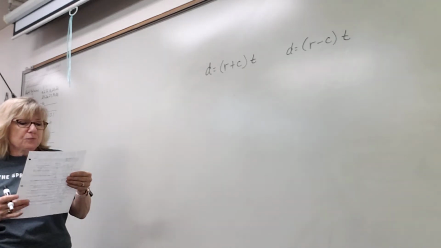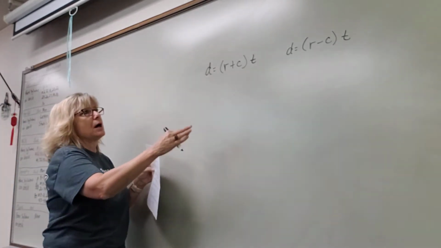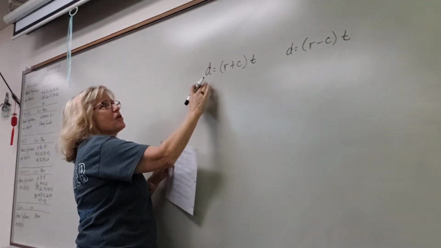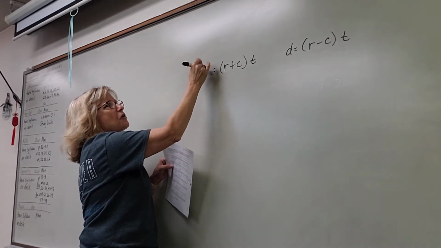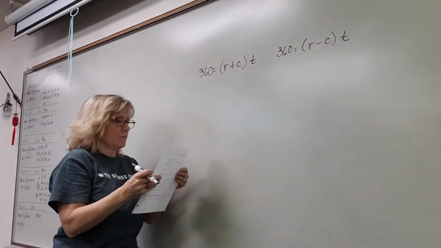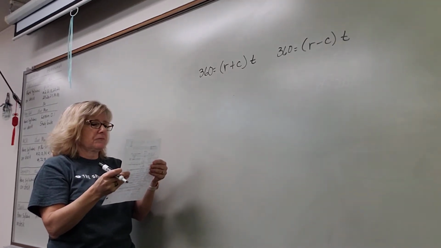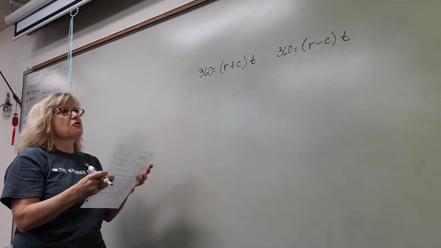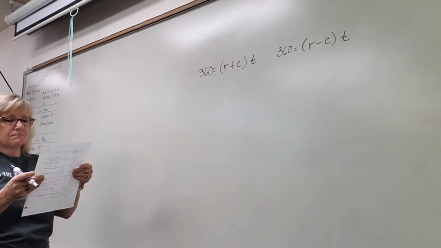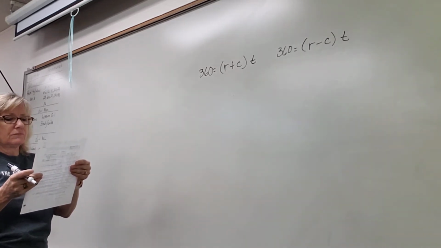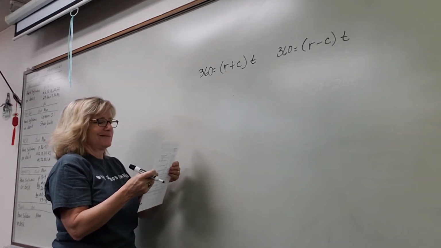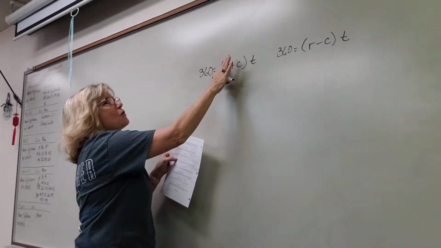So in this problem, he's going 360 miles both ways. So the distance is the same. And what is the rate of the return? So we're actually solving for the rate, right? 15 miles per hour in still water, so we know that this is 15.